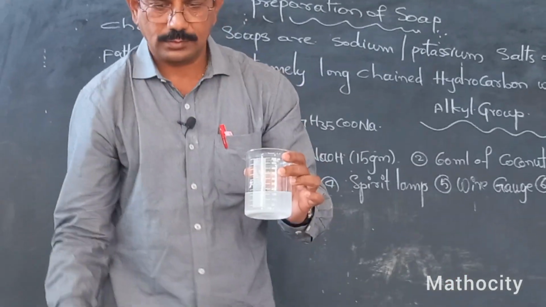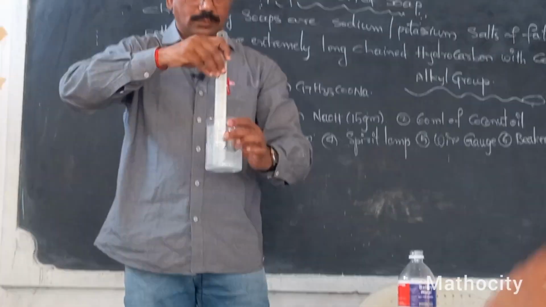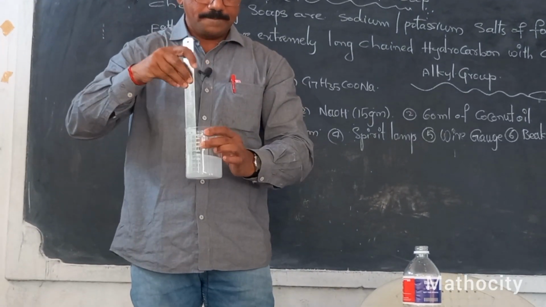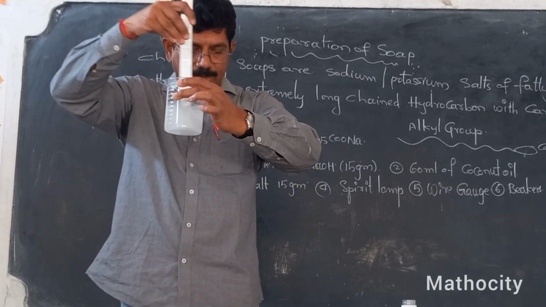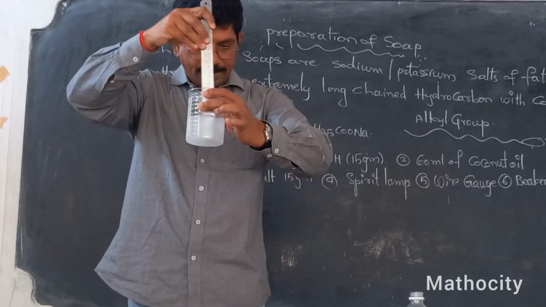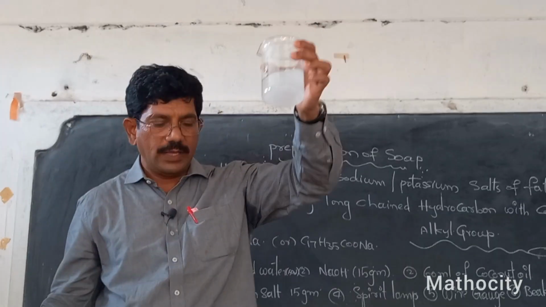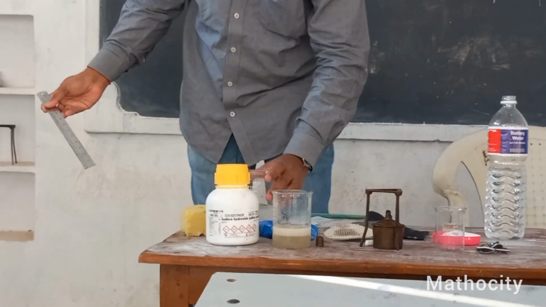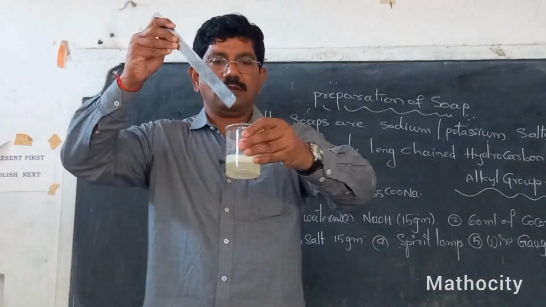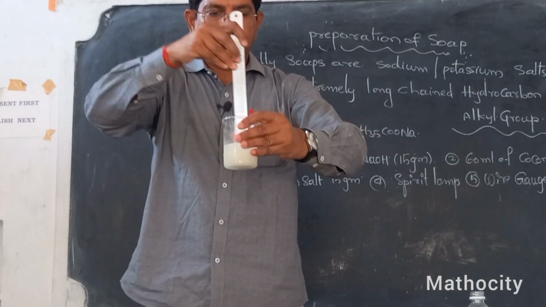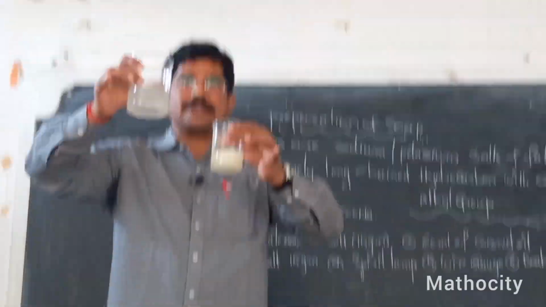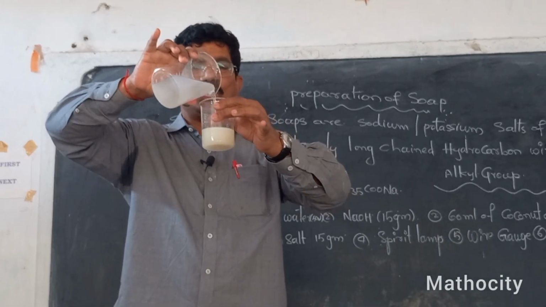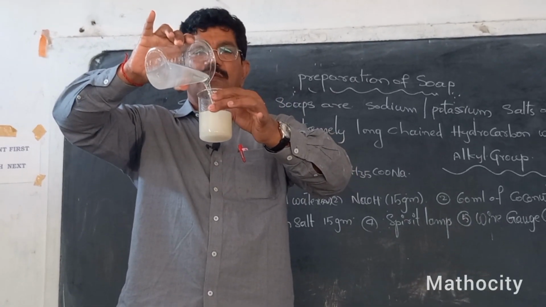Okay, is it 200? This is the salt solution, an aqueous solution where salt is dissolved in water. Now I am adding this 200 ml salt solution to the mixture.